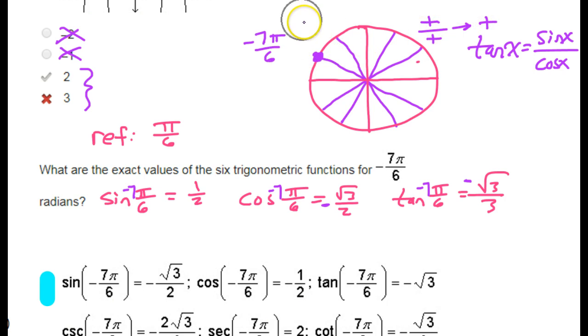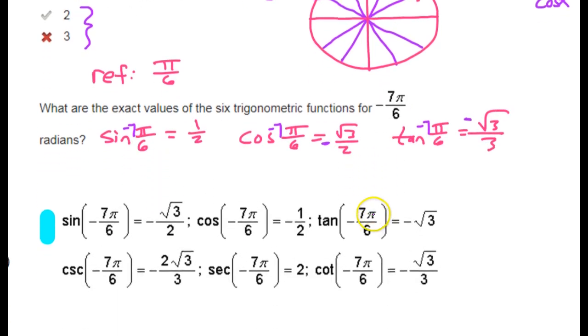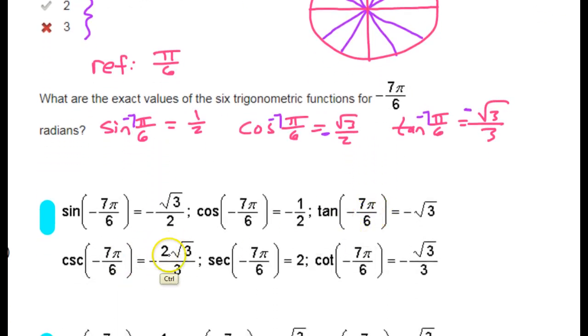But in the second quadrant, the sine function is positive, the cosine is negative, but a positive divided by a negative is a negative. So that's why the tangent function is negative in this quadrant. Okay, so that's it. Of course, cosecant, secant and cotangent are just the reciprocals of what we have above.